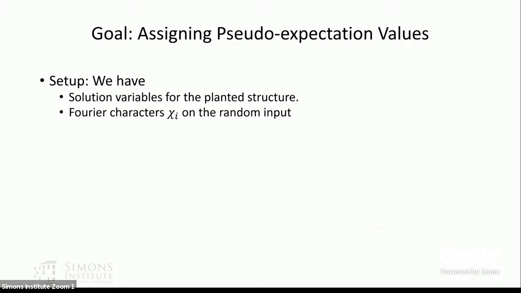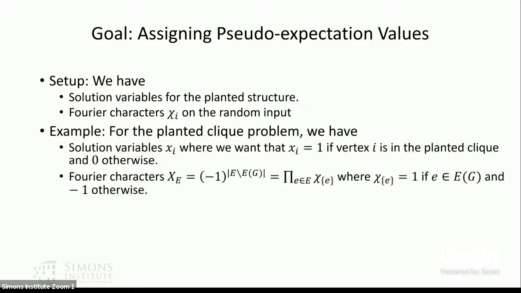So our general setup is that for these problems we'll have solution variables corresponding to the planted structure that we want to try and find. We'll have our Fourier characters on the random input. So for example, in the Clique problem, we can set it up so that we have solution variables x_i, where we want that x_i is 1 if the vertex i is in the planted clique and 0 otherwise.